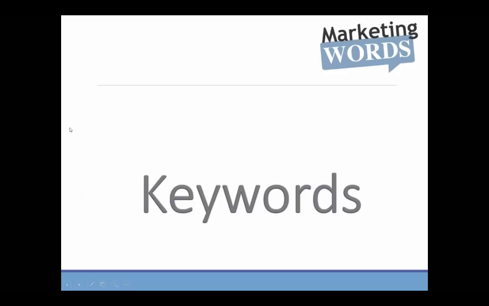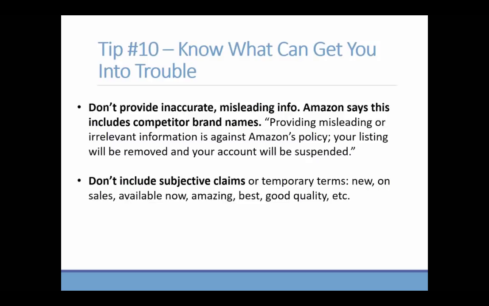So when you have all of your ideas for your copy, you need to reinforce those with keywords. Tip number 10 is understand what is going to get you into trouble when it comes to keywords. Amazon says they do not approve of inaccurate or misleading information in the search terms, and this includes competitor brand names.